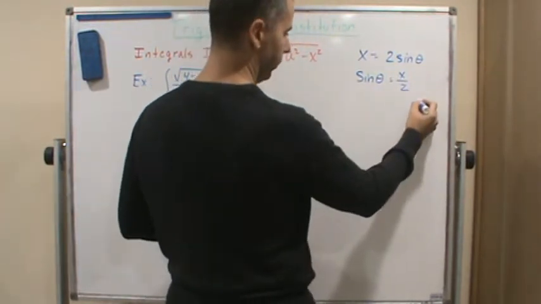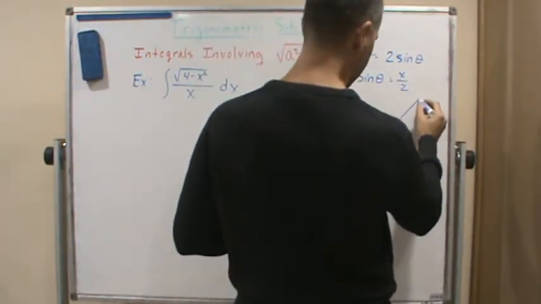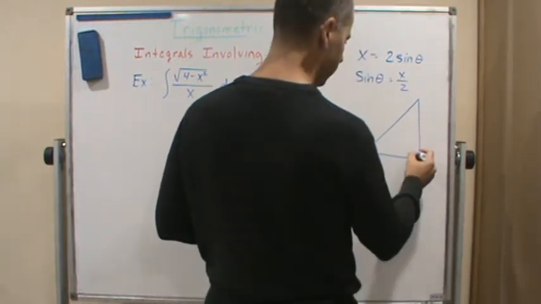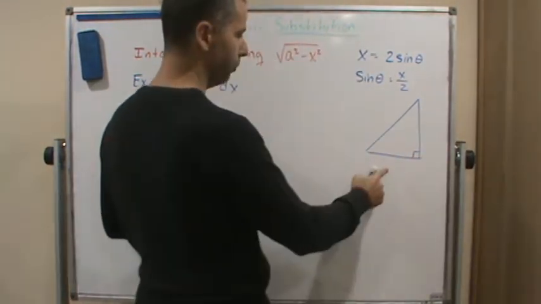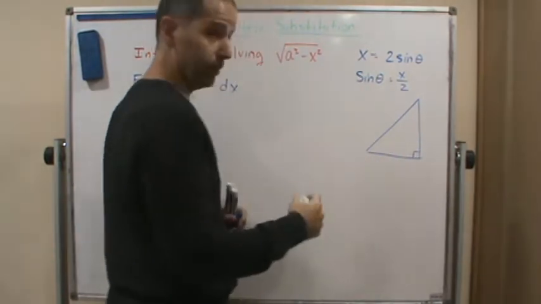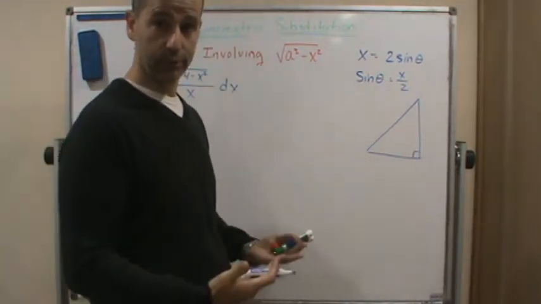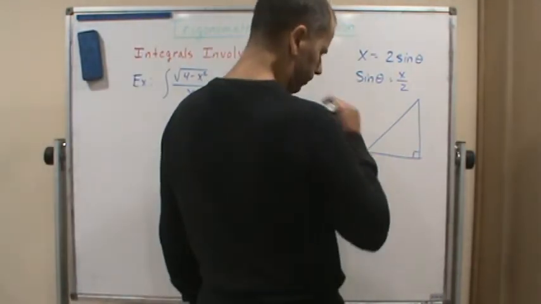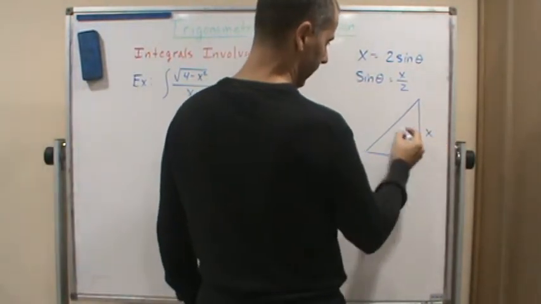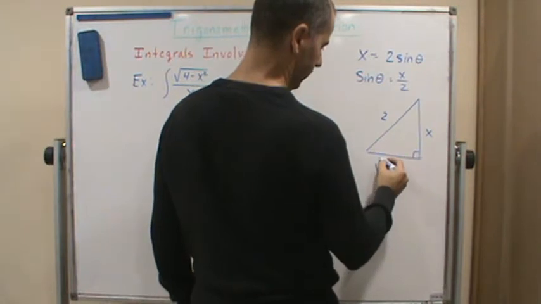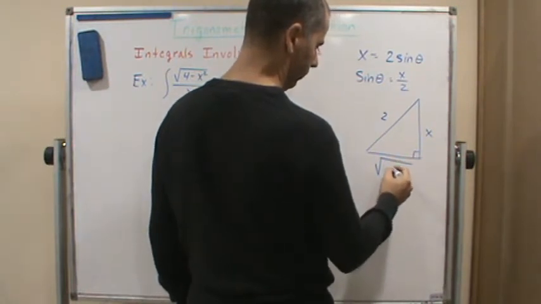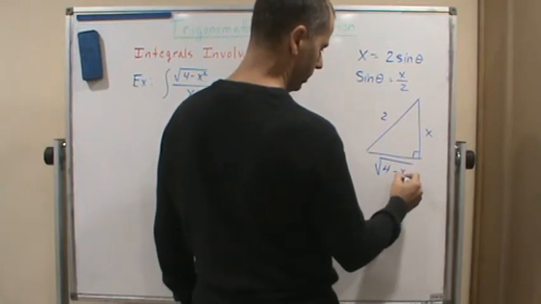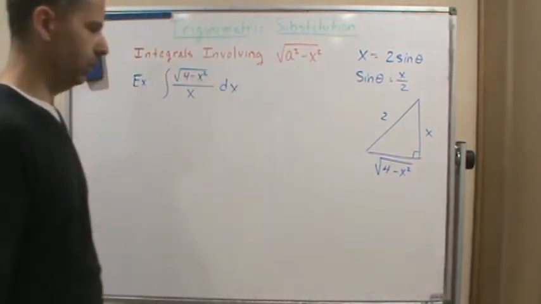And so again, if we draw our reference triangle, which I highly recommend that you do, now what do we get? Now again, the more you do these, the more you're going to get familiar with these, and you can fill these in very quickly. So this is going to be x, 2, and the square root of 4 minus x squared.